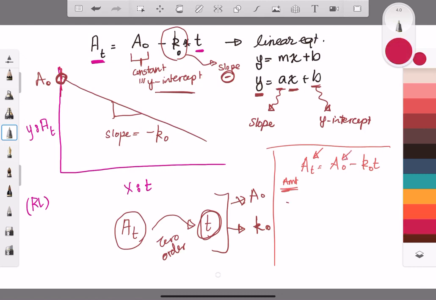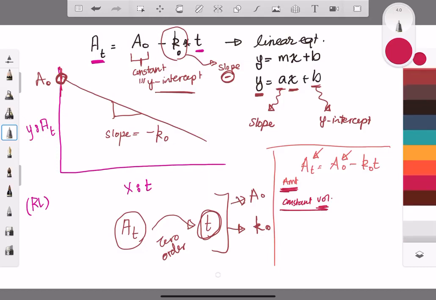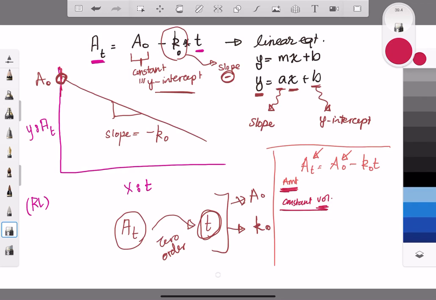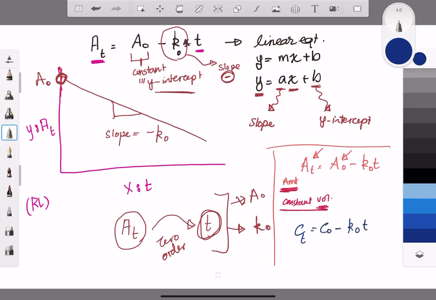If we are talking about a constant volume that is not changing, so we have amount and we have volume, can I represent the same equation by just having concentration terms? Yes. So I may have concentration at a certain time equal to the initial concentration, right?